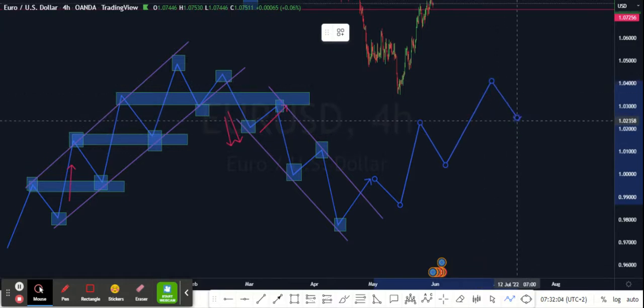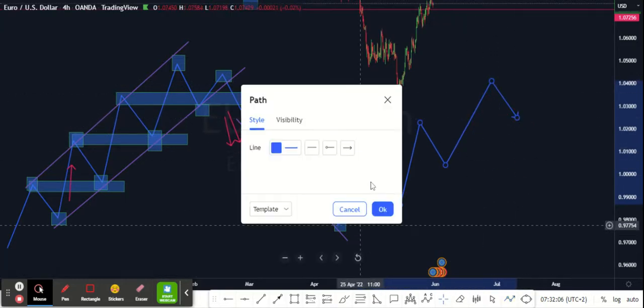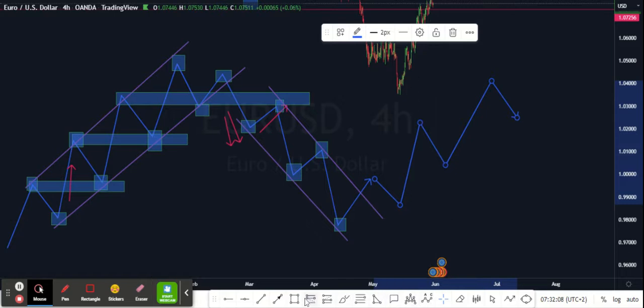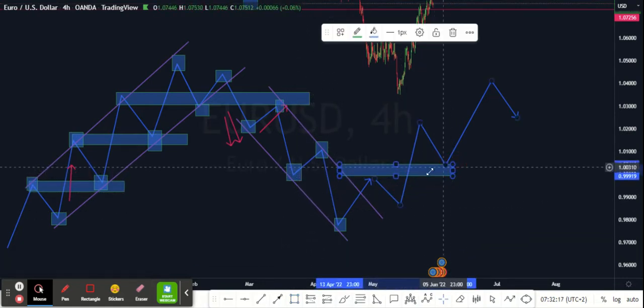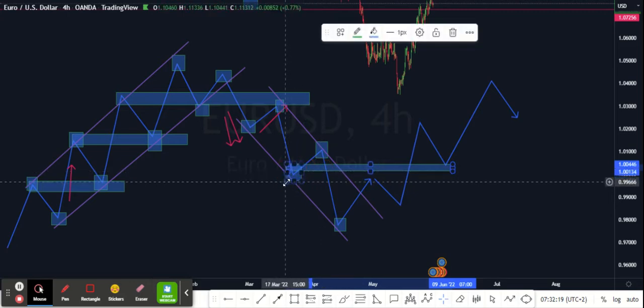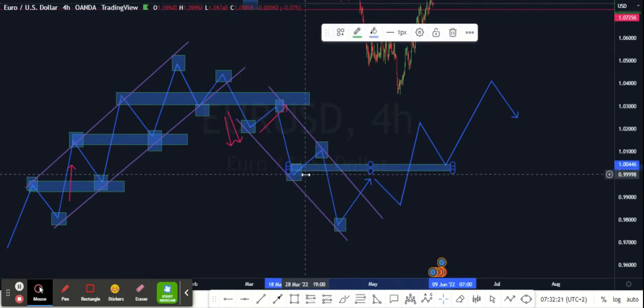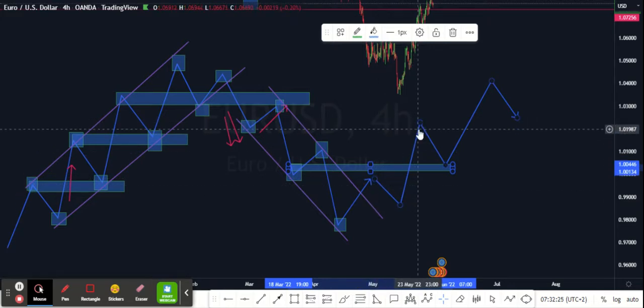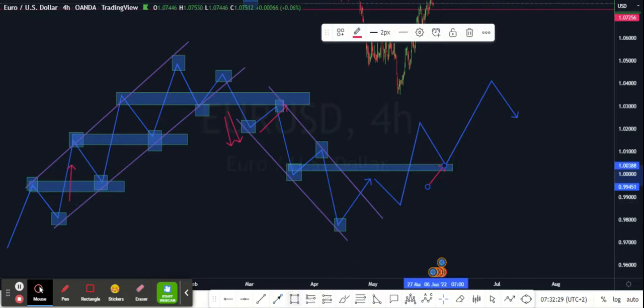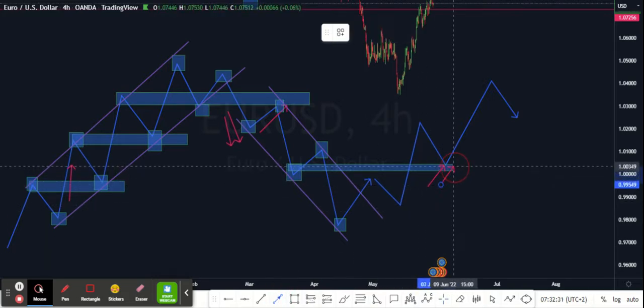So immediately when we have a break of this level here, right here, because this was the previous structure which broke. So immediately that structure, if it's broken, then we wait for a retest at these levels here, and that's where we will take our long.